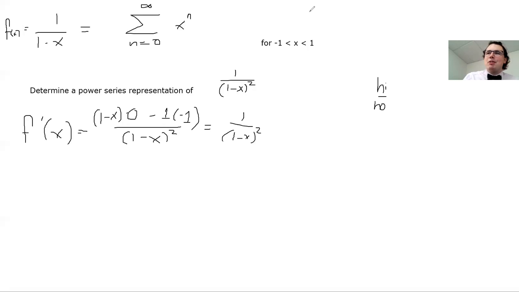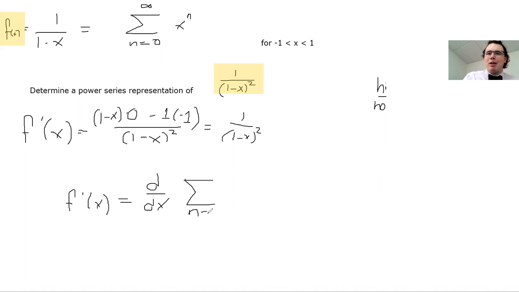So if I want a power series that represents this rational function right here, all I need is the derivative of my geometric series. And I know that I can do my differentiation on each summand by itself.